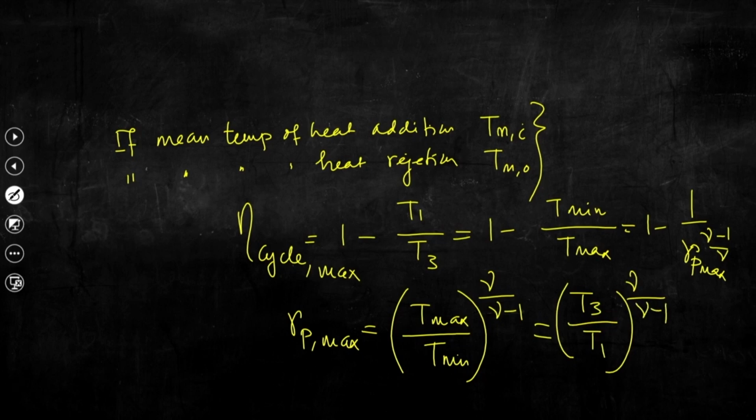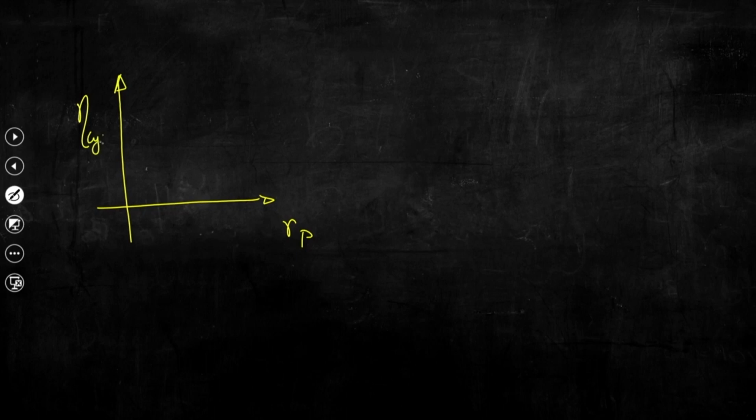Now, the question is, if we try to plot, if we consider Rp here, and eta cycle, say this is the Carnot efficiency.